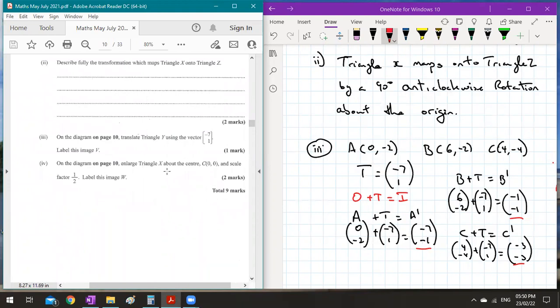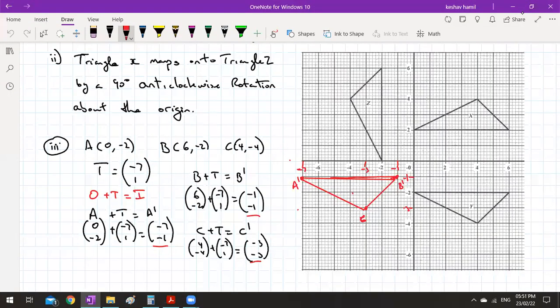On the diagram, enlarge the triangle X about the center and a scale factor of half. Label this W, or we didn't label the diagram, so this was supposed to be V. Now they want to enlarge X about the point, right? So you have to think about it like this.